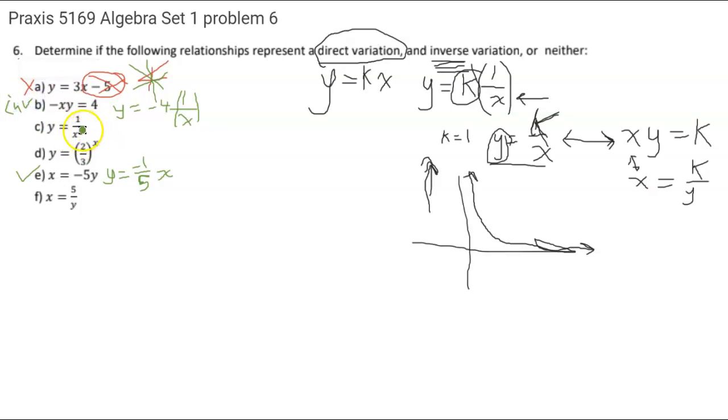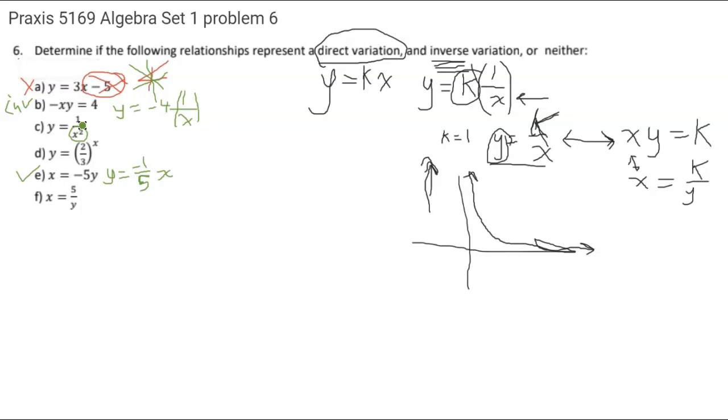What about this one? C? C is very interesting. It has an inverse relationship, but it's not that direct inverse relationship. There is some kind of inverse because as x grows large, x squared grows larger and the fraction grows smaller. I'm not sure you'll have to deal with this for the Praxis, but that relationship is inverse square variation.